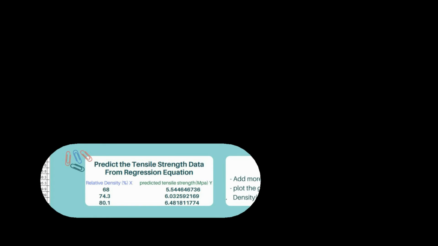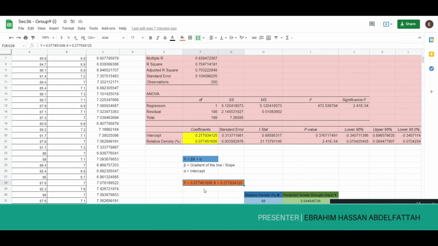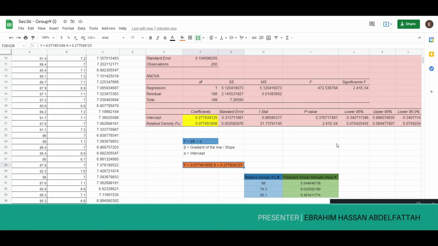Then we substitute the values of x and y, where x is the independent variable, which is relative density, and y is the dependent variable, which is tensile strength.